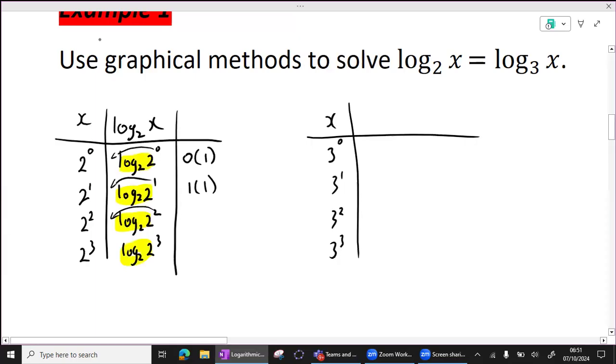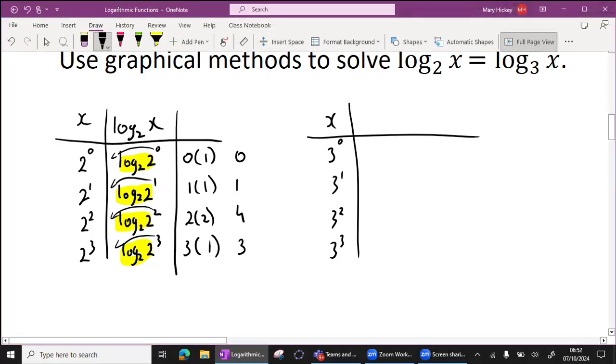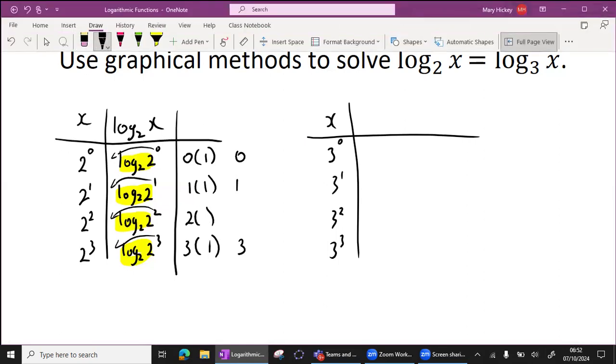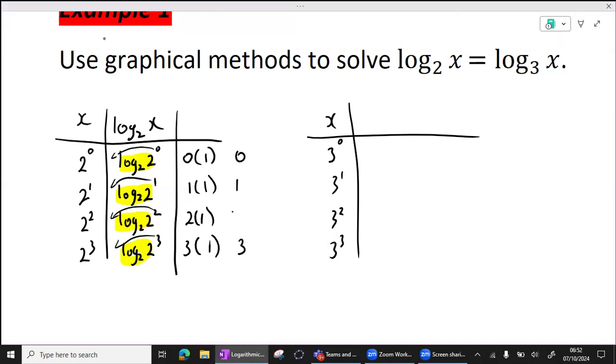The 2 comes to the front, 2 times 2. The 3 comes to the front. Any matching log and base is 1. So you end up with 0, 1, 4, and 3. No, that's not right. I have a 2 there. Sorry, I should have a 1 there. I was thinking something doesn't look quite right. Sorry, so it should be 2.